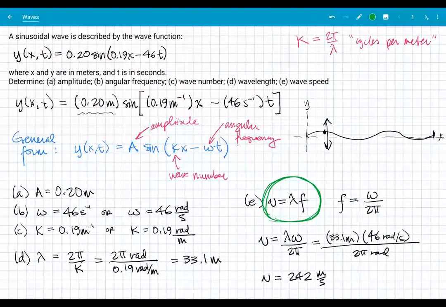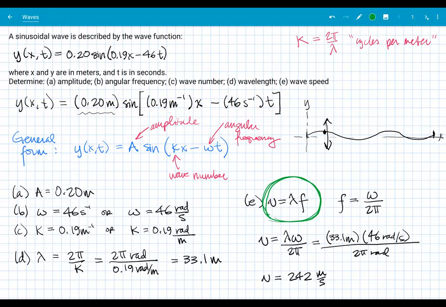Let's just talk about a sound wave for a second. If I have a sound wave in air and I hit a particular key on the piano, that's some particular frequency. Whatever key I hit, I don't change the speed of that sound wave through the air as I'm hearing the sound. That is dependent on the air in the room. The air is the medium the sound wave is traveling through.